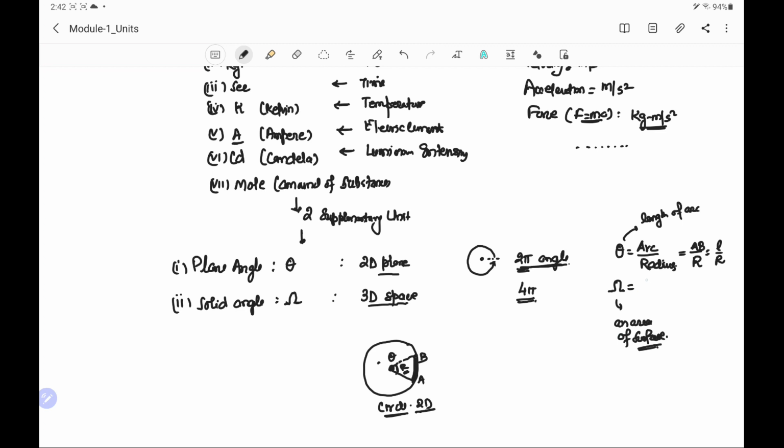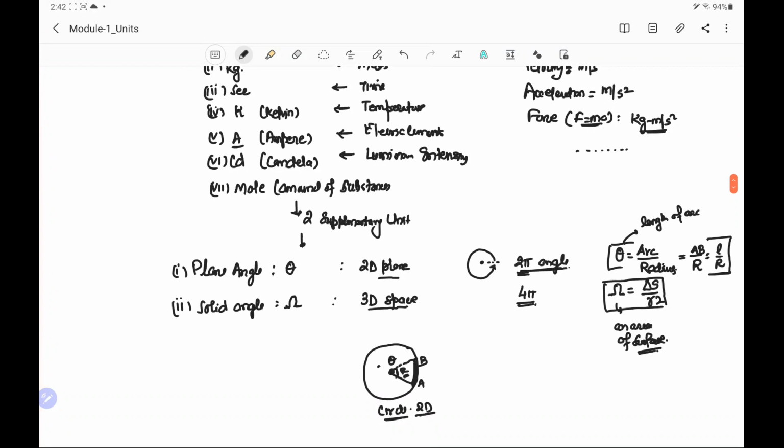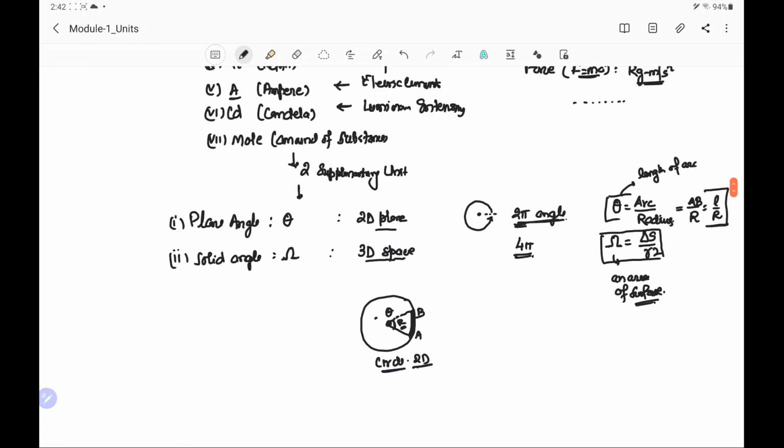It means it is defined as delta S by r square. This is the solid angle. And plane angle is theta equal to L by r, arc by radius. So in this way we have 7 fundamental units and 2 supplementary units. Next we take dimensions.